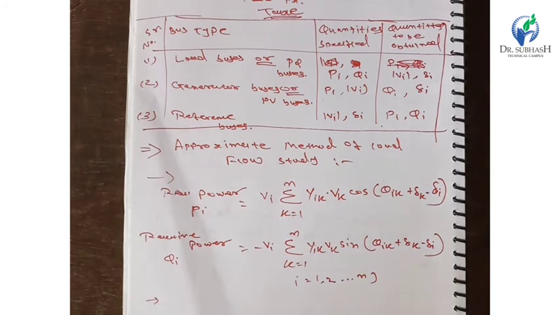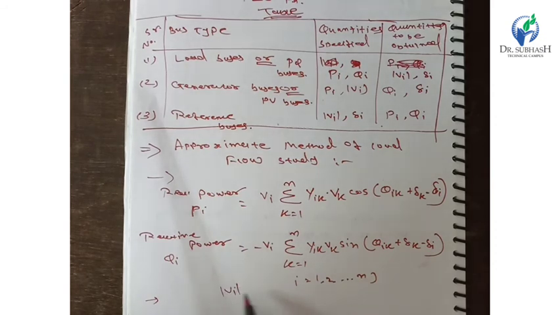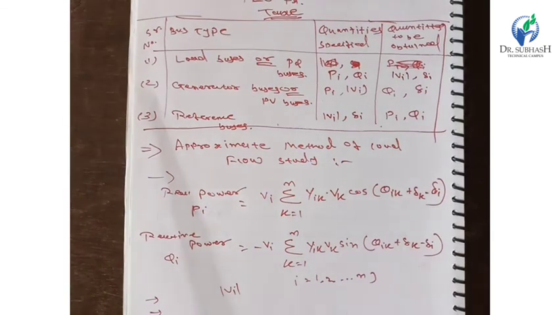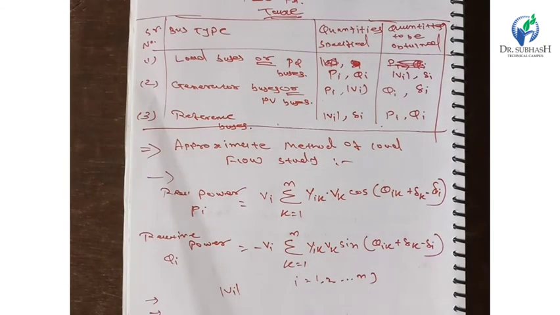The second point of the approximate method is that voltage magnitude at various buses must be within limits. The voltage magnitude is written in limit form, with the symbol Vi, and it is always positive. Next, active and reactive generator power at different buses must be within minimum and maximum limits.